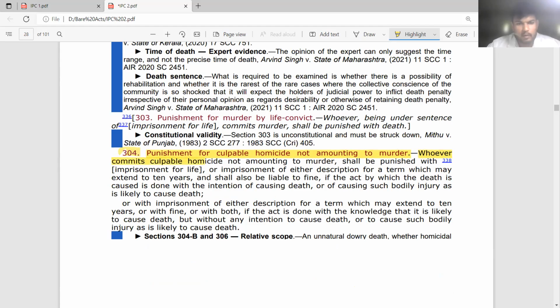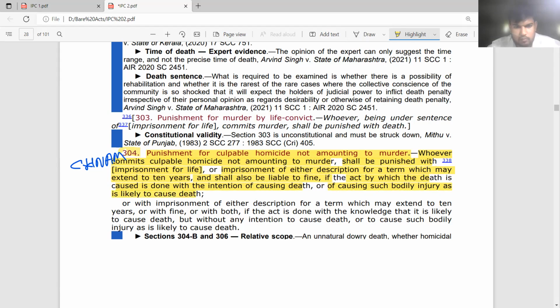Whoever commits culpable homicide not amounting to murder, that is CHNAM, shall be punished with imprisonment for life, or imprisonment of either description for a term which may extend to 10 years, and shall also be liable to fine if the act by which death is caused is done with the intention of causing death or of causing bodily injury as is likely to cause death.